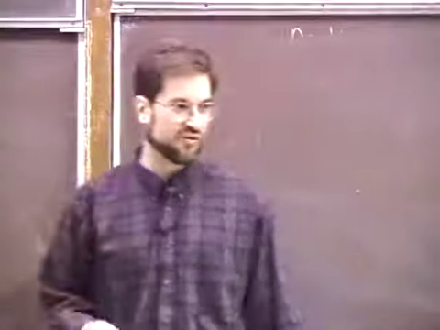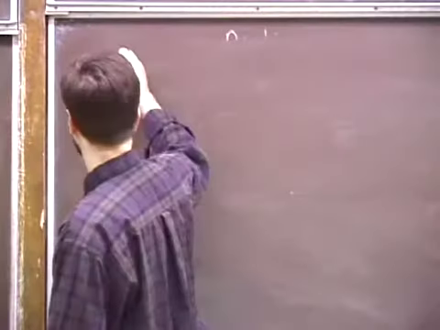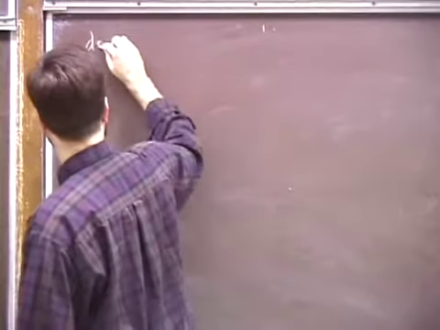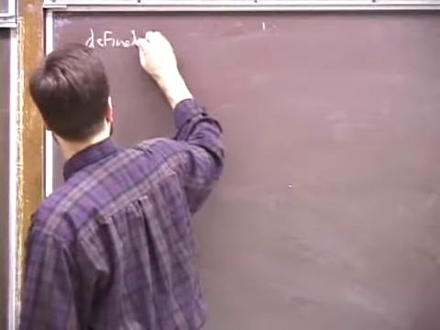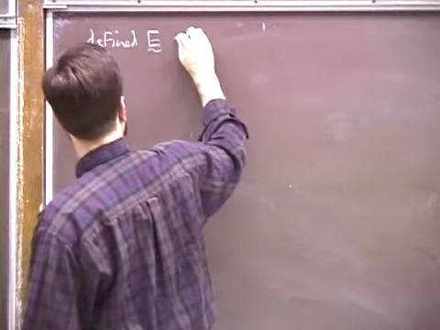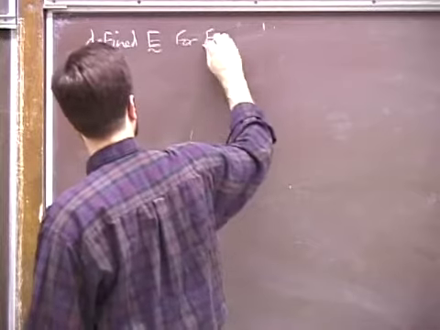So in order to make Einstein's equations look nicer, there's one more variable that I want to define. Remember, for E and M, I define this E field.